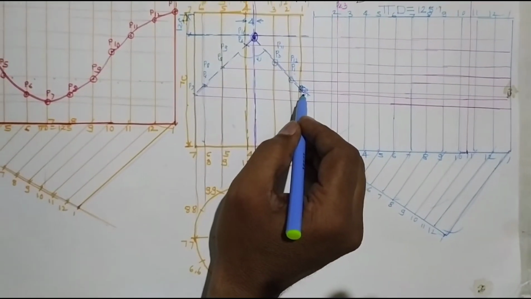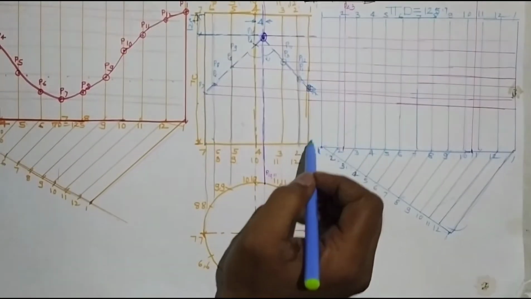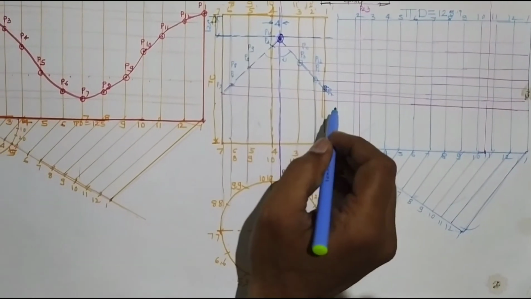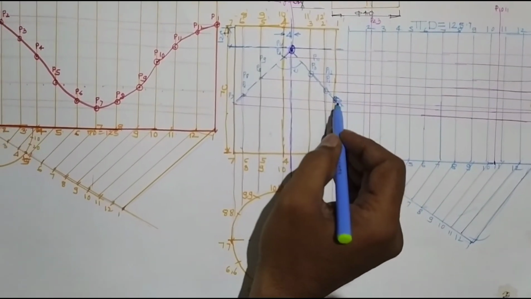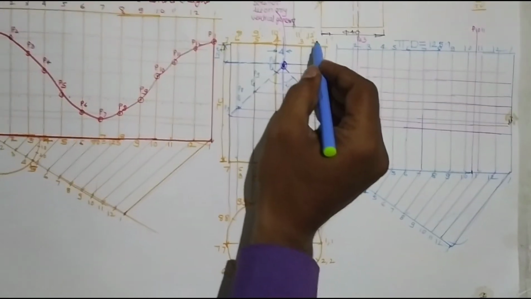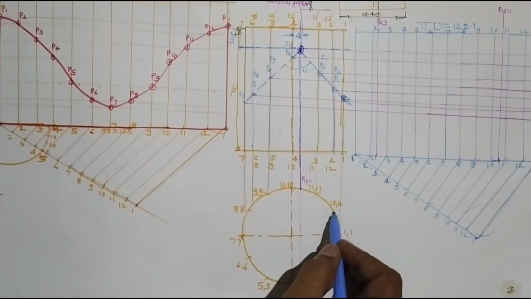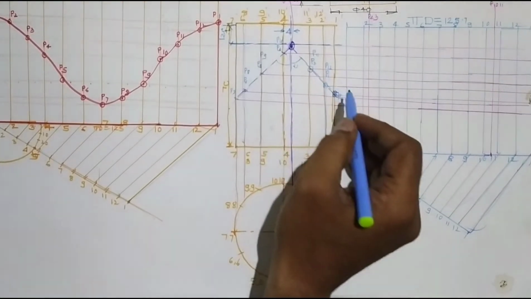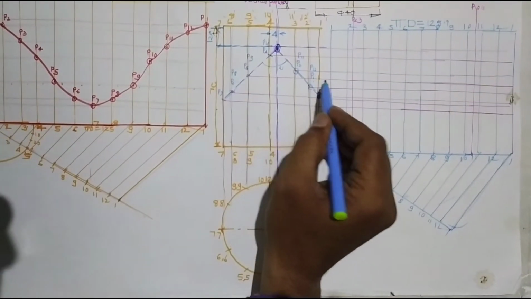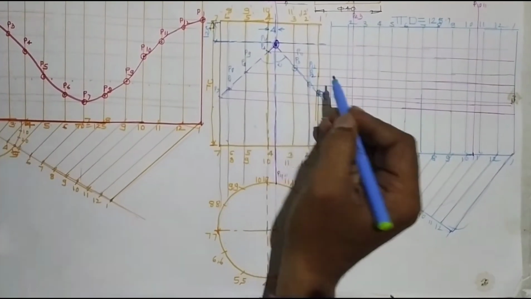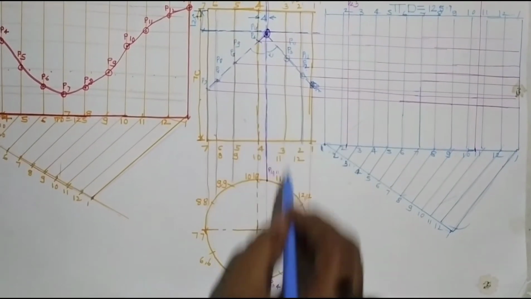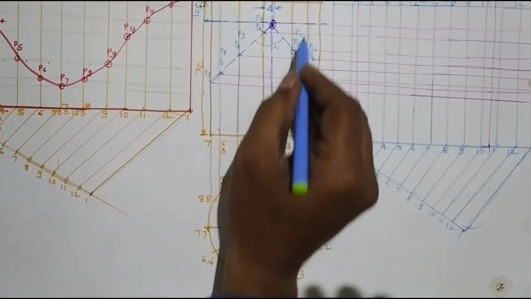Now I will name the points where the cutting action takes place. This is on generator 1-1, P1. This is the 2 and 12. The front part is 2, the backside part is 12, P2 and P12. This is the P3 and P11.